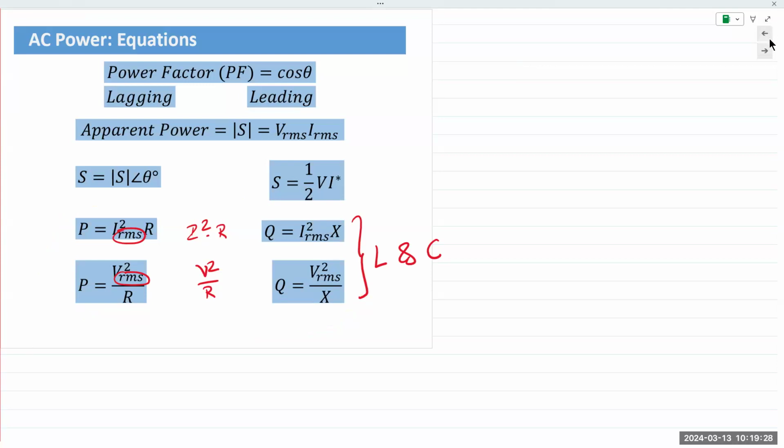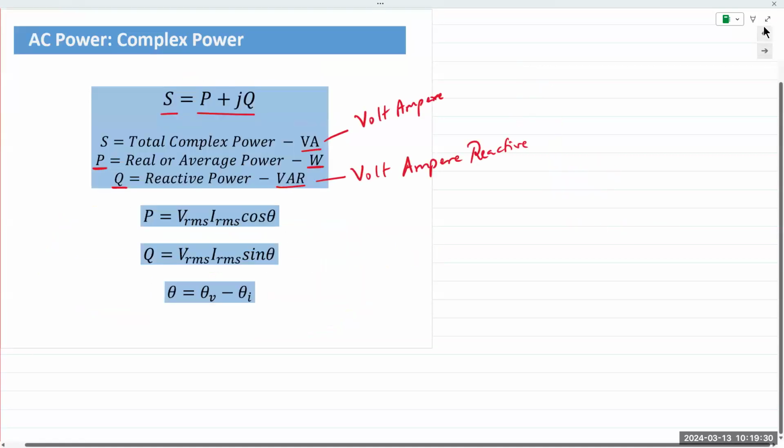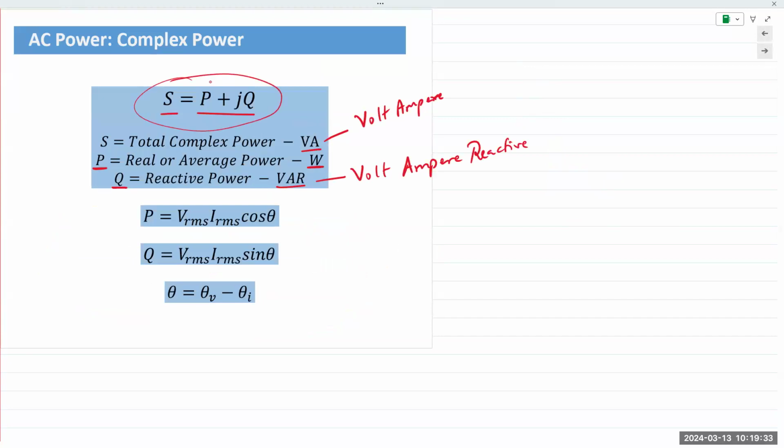We saw that in the previous slide: S, total complex power, is P plus jQ. In real life, both are real. This is just a mathematical representation. Q is represented mathematically with the imaginary number, but in real life, it is P plus Q.